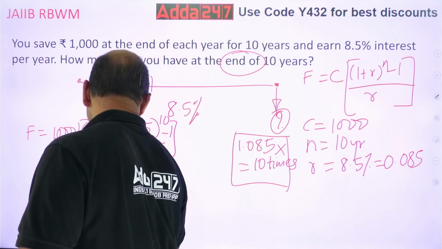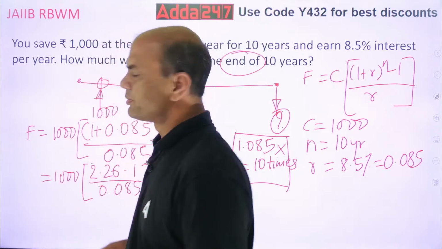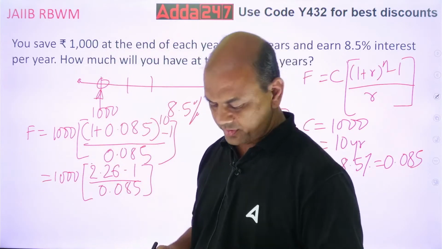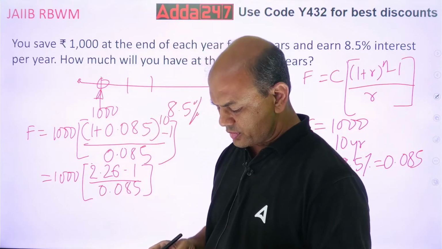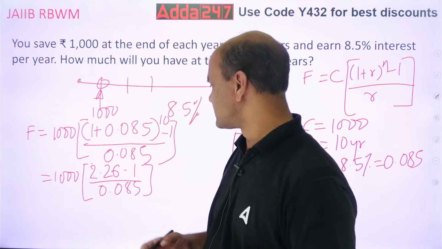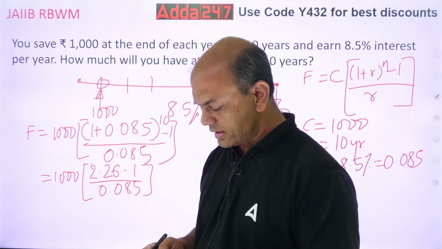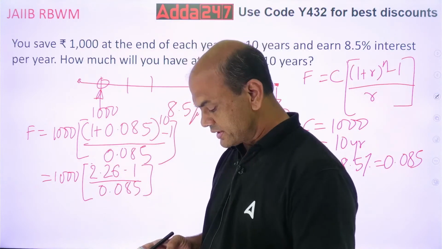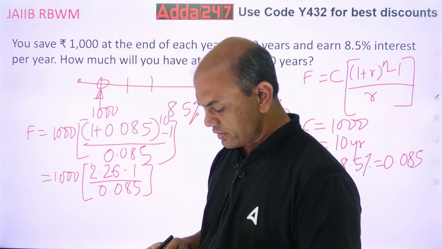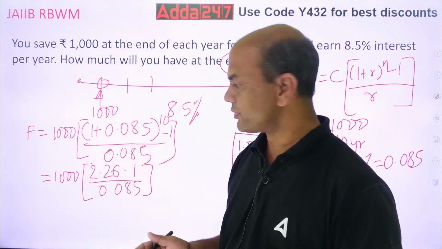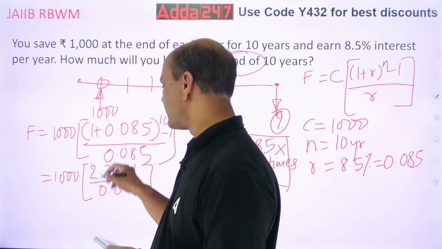Now solve this. 2.26 minus 1 means 1.26, you are getting it over here. Divided by 0.085. What are you getting? 14.83. You are getting this answer.